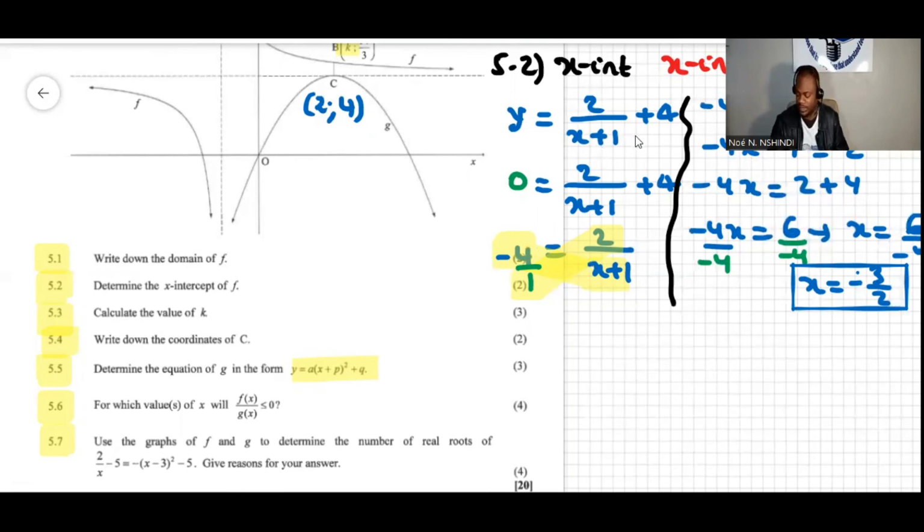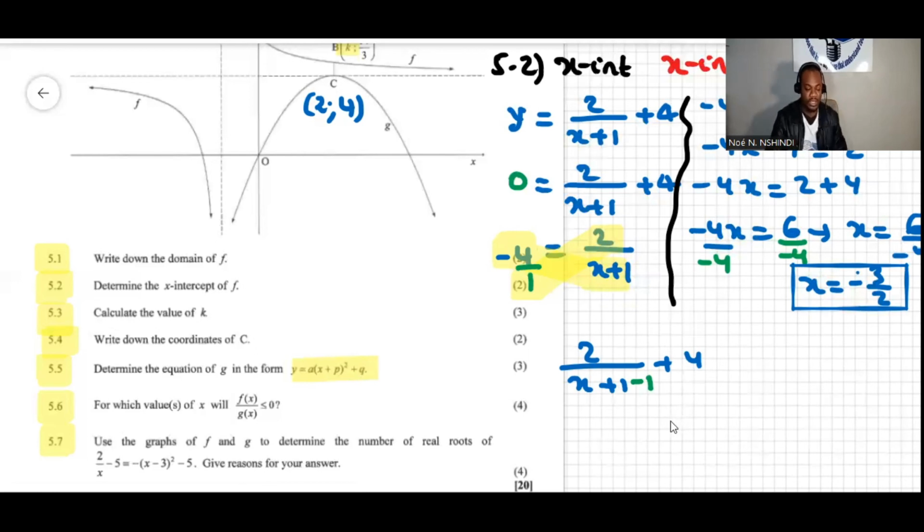Let me write it like this. Initially, we had 2 over x plus 1 plus 4. If we minus 1 here, it will become 2 over x. Minus 1 in the denominator means the horizontal shift. So the same graph is shifted 1 unit to the right, not to the left. Be careful.